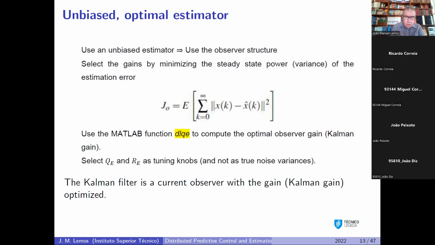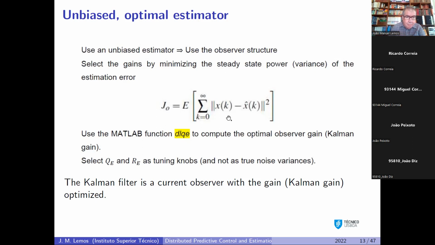That's the notion of an unbiased estimator. And it's not difficult to see that we should use the observer structure. That structure, in the linear case, gives you an unbiased estimator.